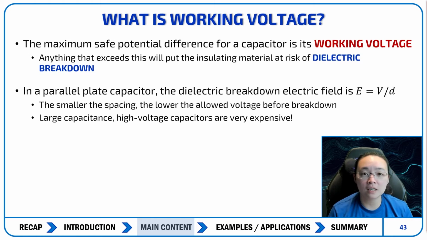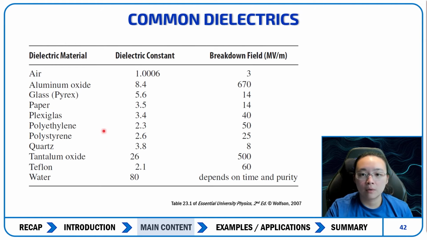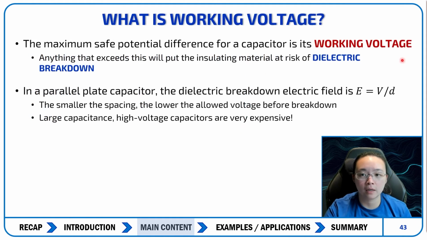Anything that exceeds this is going to be at risk of what we call a dielectric breakdown. So going back here, we have a dielectric constant given for each of these dielectric materials, but also a breakdown field. And that breakdown field will basically give us that threshold we're looking for, the working voltage.